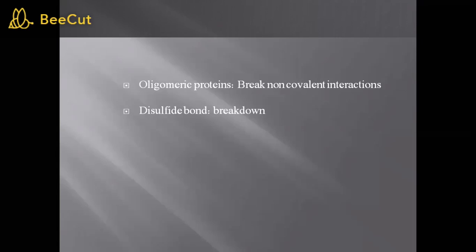And as we know, the free cysteines have to be blocked so that they will not reoxidize and form the disulfide bond again. So we have to block these free cysteines present in the protein sample. How can we block them?